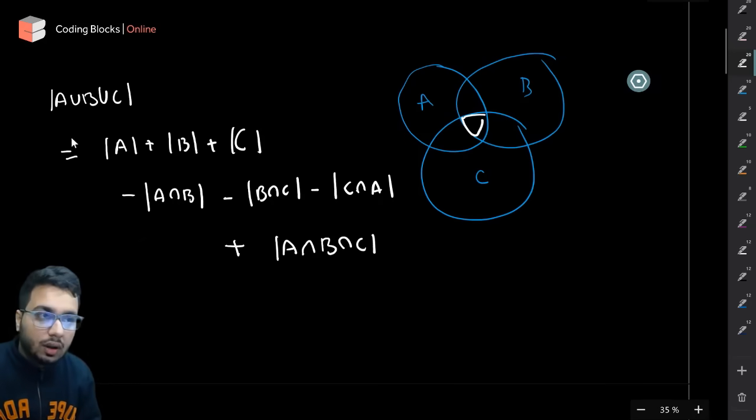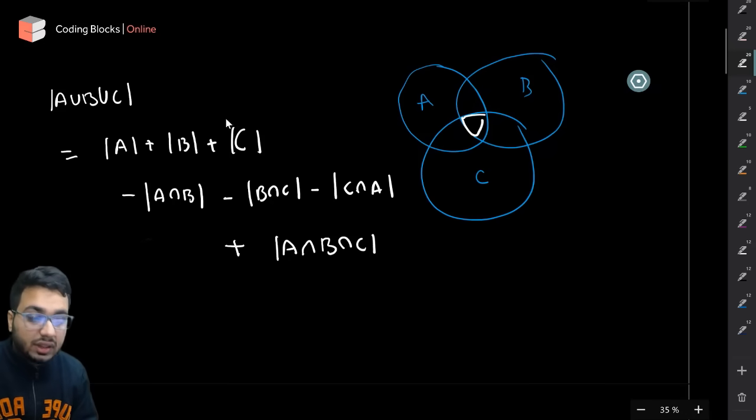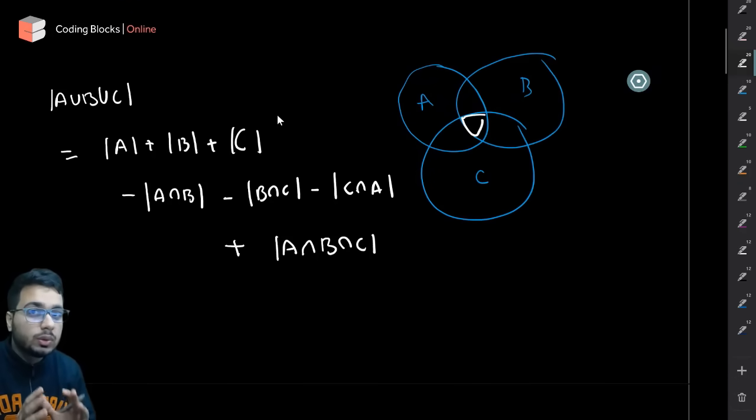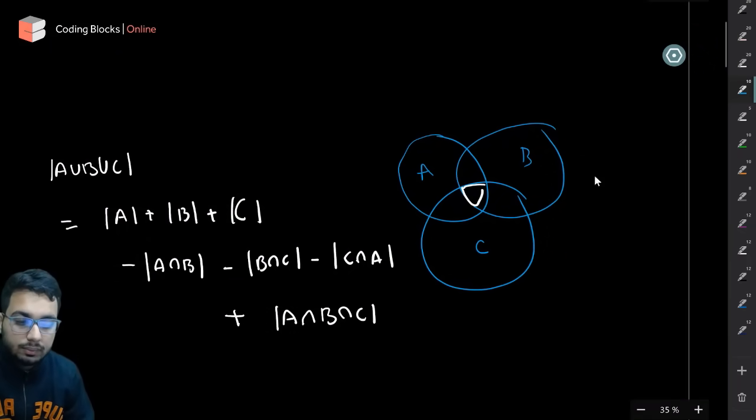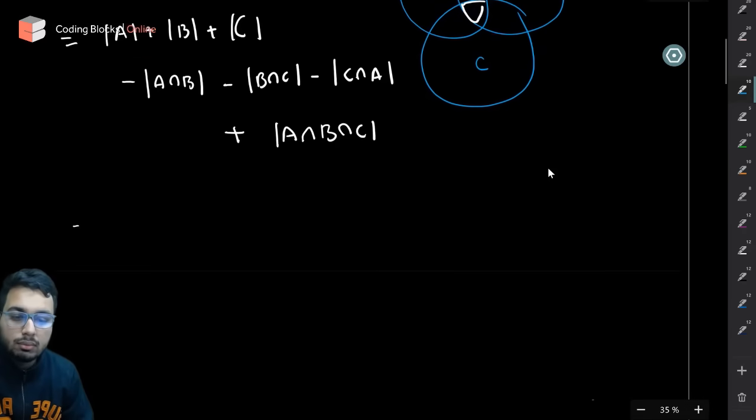So this is written when we have three sets, but you can also have more sets. The reason why I'm doing this is because this concept is going to be used in competitive programming, so you should understand this very carefully. Similarly, you can have problems in which you need to combine more sets.